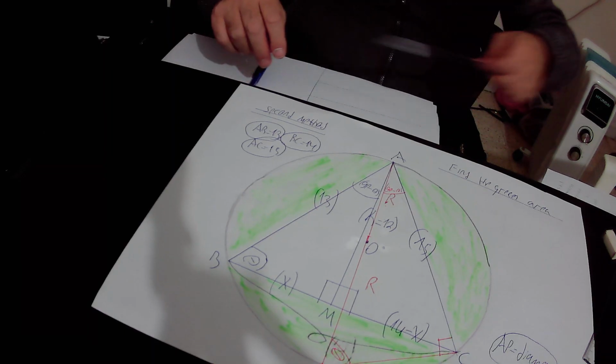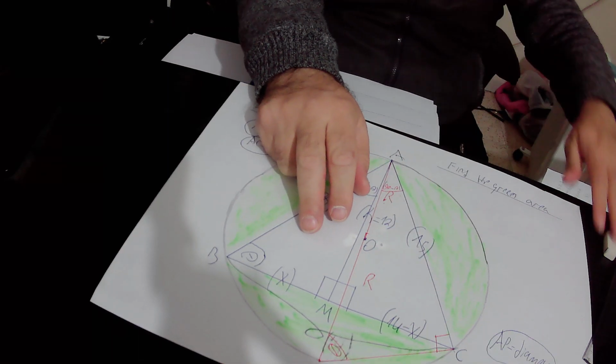So, why are those two right triangles similar to each other?